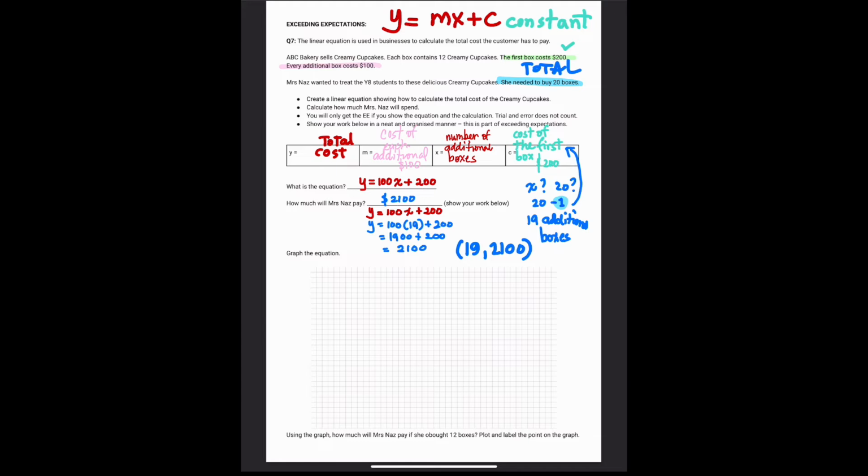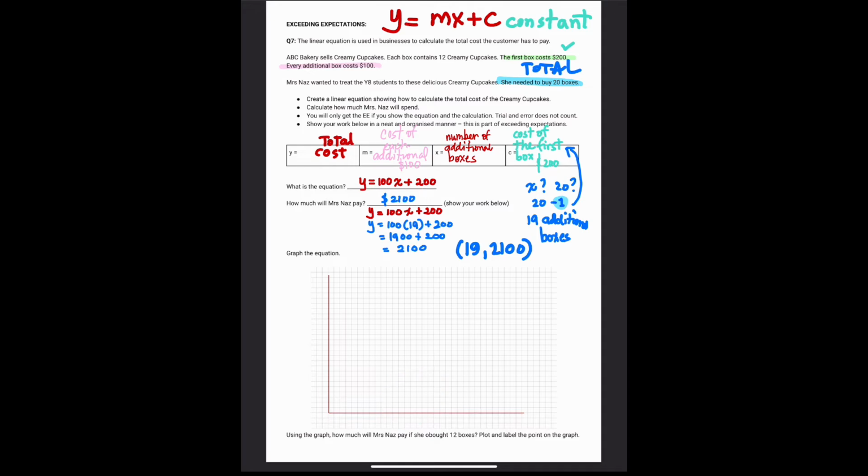Of course, we start with, please make sure you use a sharpened pencil, or if you're using GoodNotes, you use a very narrow line. So you have your x-axis and your y-axis, and now let us label it.